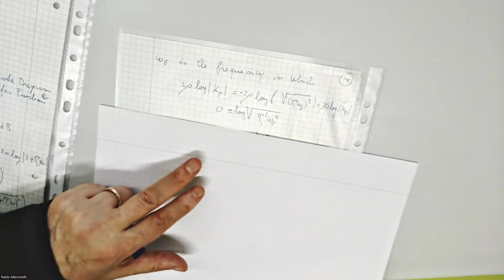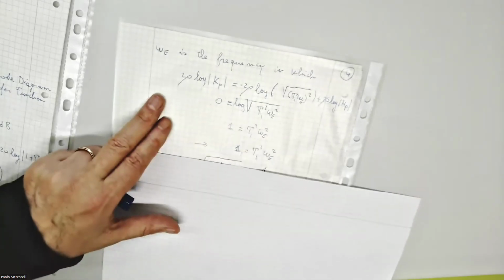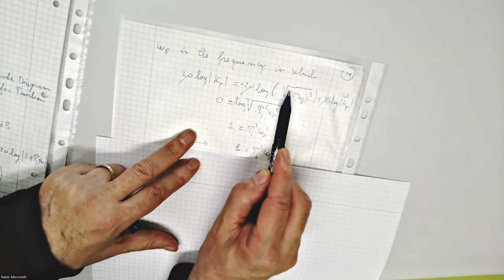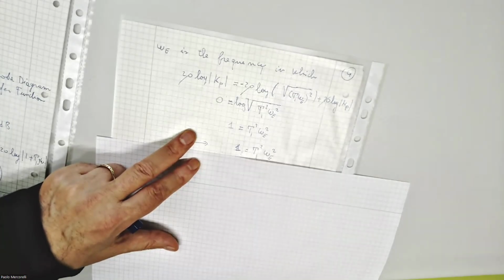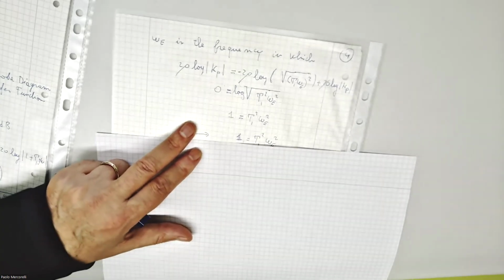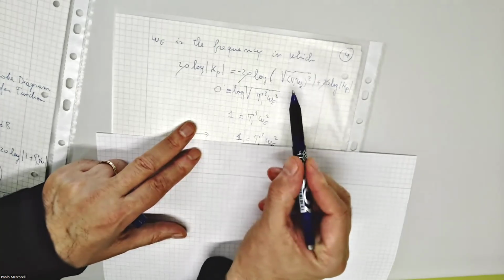Of course, it's a little bit of an approximation, because really I have to put here 1 plus... no, 1 plus. Yeah, no, it's correct. This is a little bit complicated to explain, but we can see from here.